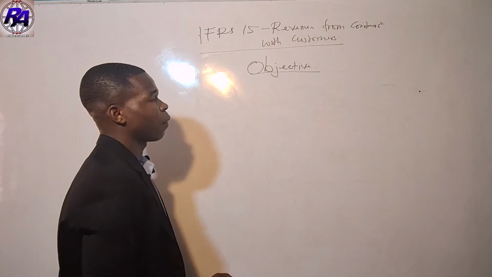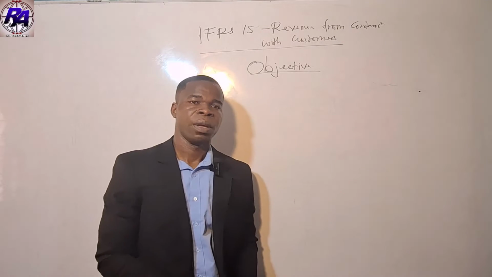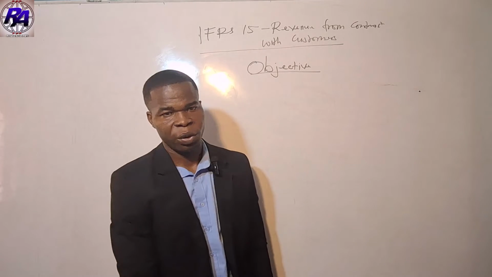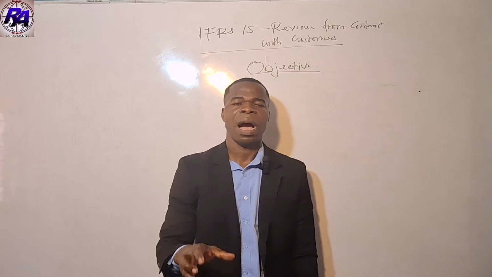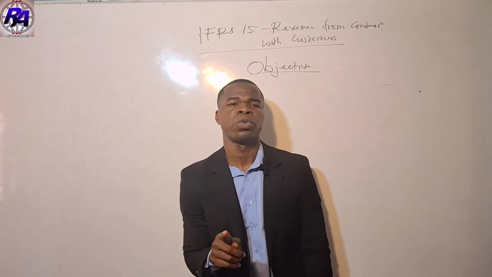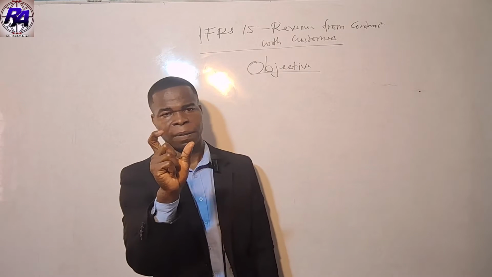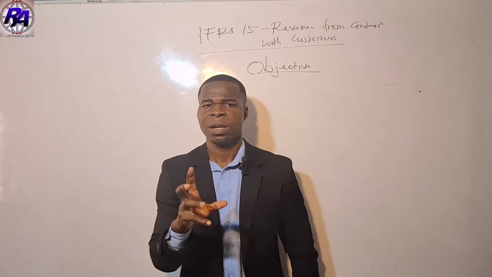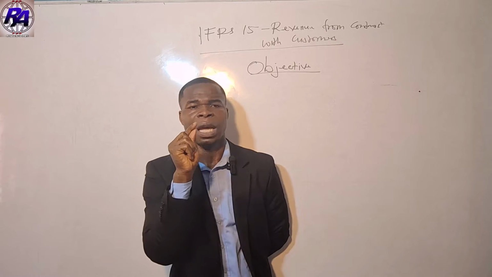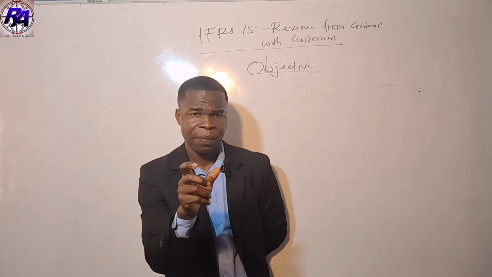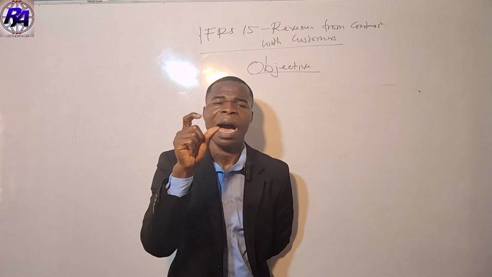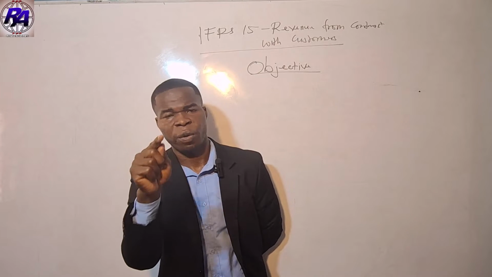The objective of IFRS 15 is to provide enough information to end users about the principles that are used in determining the nature, the amount, the timing, and the uncertainty of revenue and cash flow arising from contracts with customers.